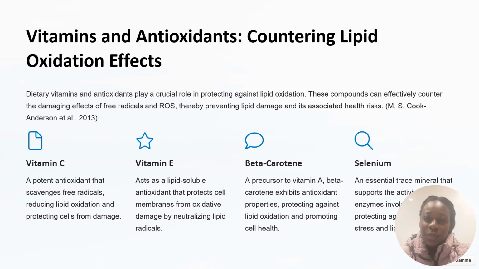So how can we counter this effect of lipid peroxidation, lipid oxidation, the byproducts, and cancer? How do we counter these effects? How do we stop this relationship? Okay, so vitamins and antioxidants counter lipid oxidation effects.